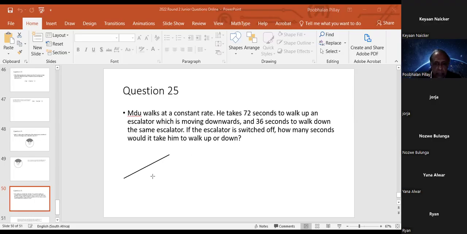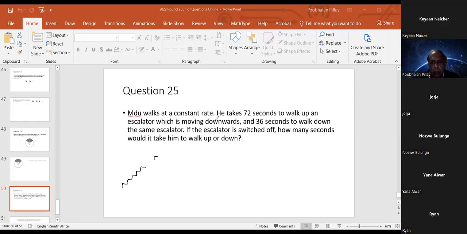Okay, so it takes 72 seconds to walk up the escalator. Maybe we shouldn't do that. I want to use the steps. Okay, I'm going to draw it freehand. So it goes on like that.